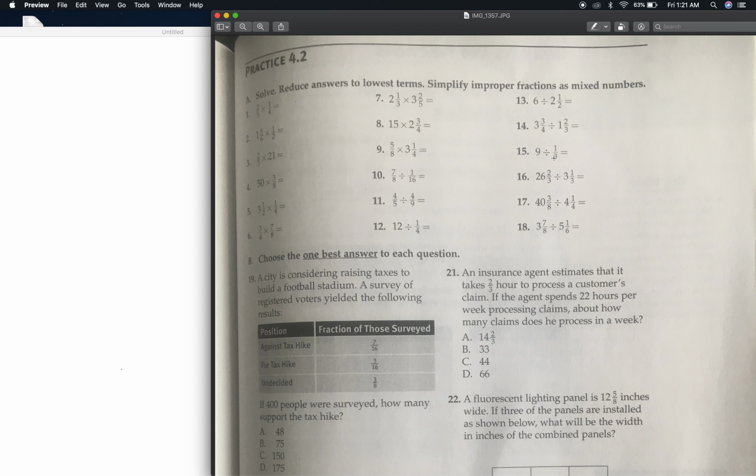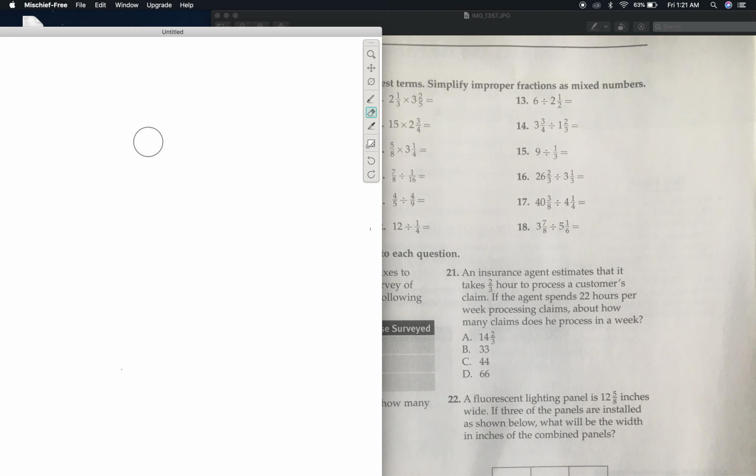We'll do 15, then 16. Okay. Make it easy on me. 9, 1 over, divided by 1/3. Okay. So remember, we have to turn this into a fraction. Now we have to invert this.